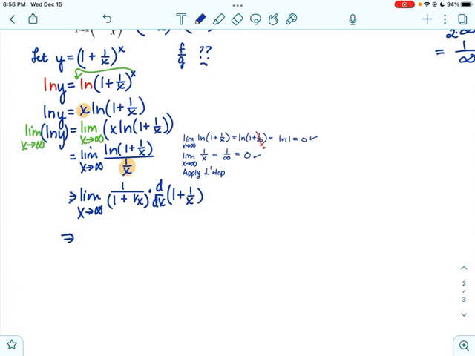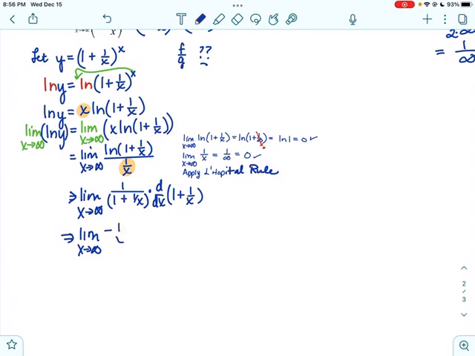So right now I'm applying L'Hopital's rule, right? So I'm taking the derivative of the numerator, and then I'll take the limit of the derivative of the numerator, and then I'm going to take the limit of the derivative of the denominator. The denominator is a little easier, right?